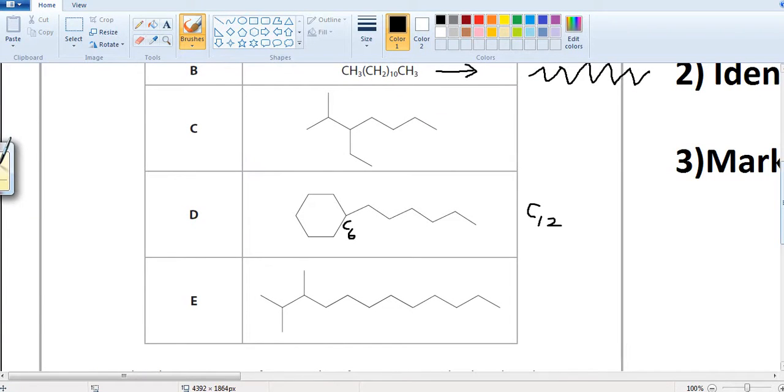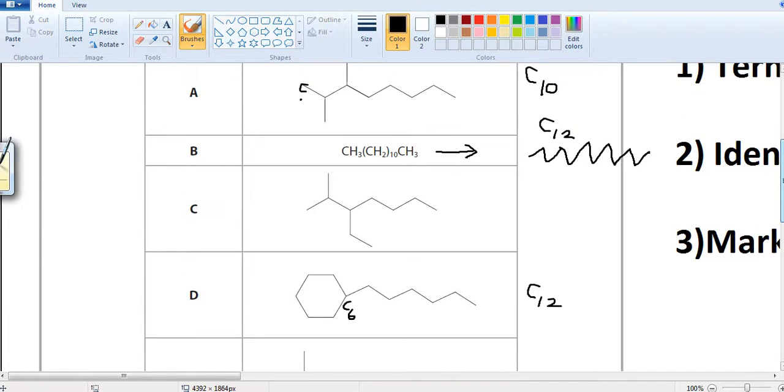Since it has a differing carbon count from A, that one shouldn't be an isomer, but B and D might be, or maybe are, isomers.